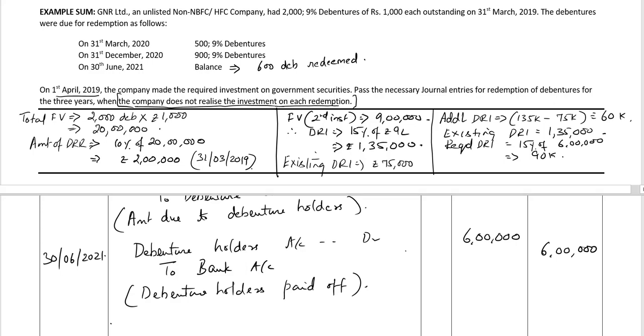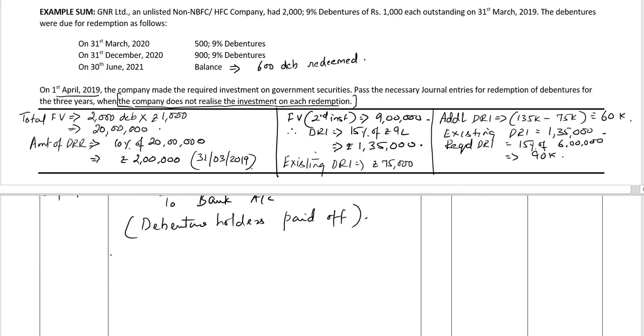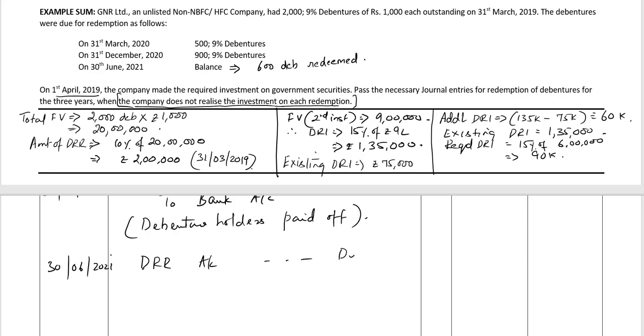And the final entry, we will transfer proportionate amount of DRR to GR, or general reserve. DRR account debit to general reserve account.